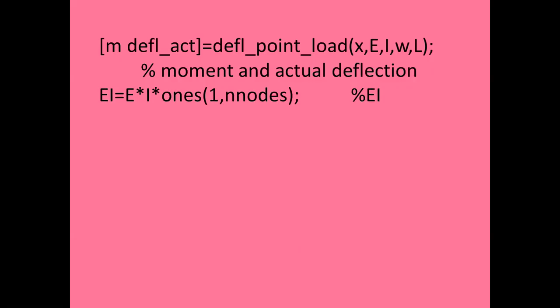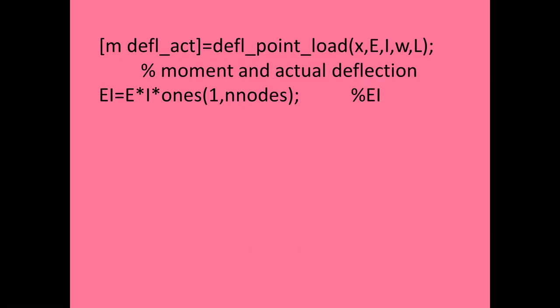So this particular command generates a row matrix containing 21 columns with value 1 stored at all those 21 places. And when this is multiplied by E and I, the output which is going to be stored in the variable EI is going to be E multiplied by I stored at all those 21 places.